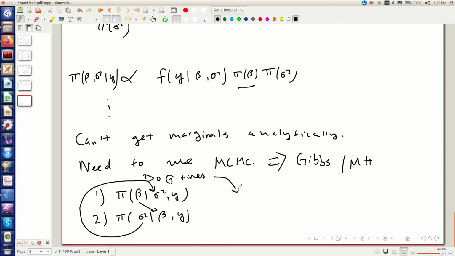And after that, then you have posteriors for beta given sigma squared and y.